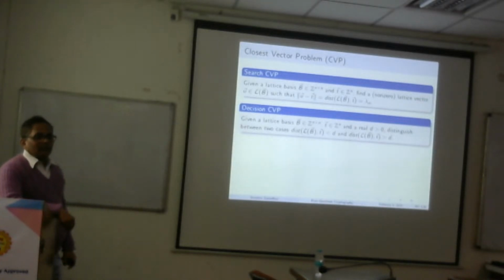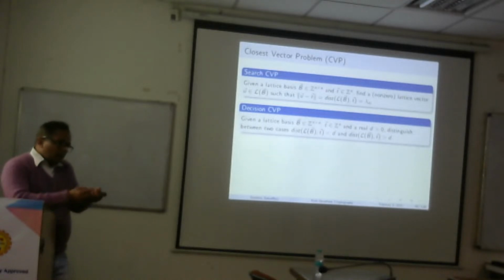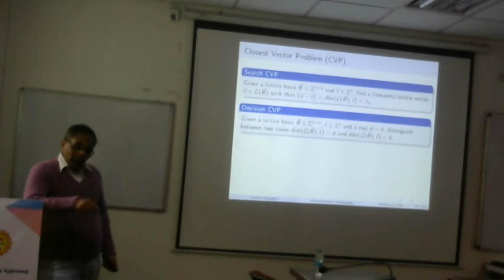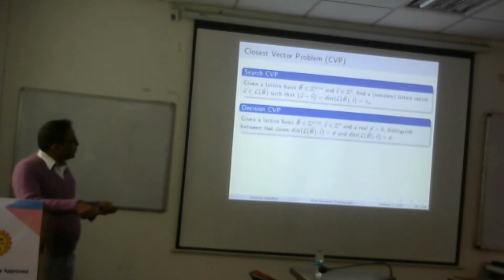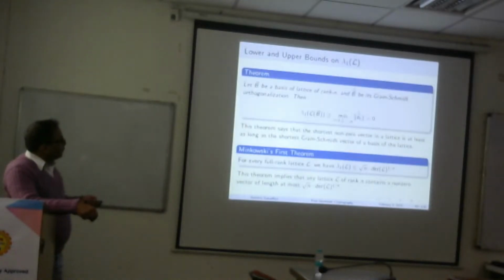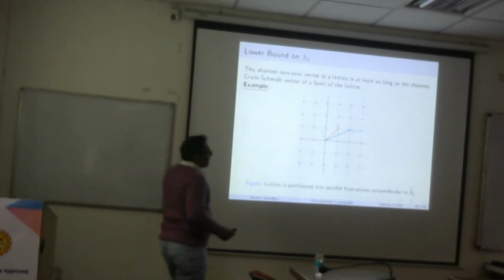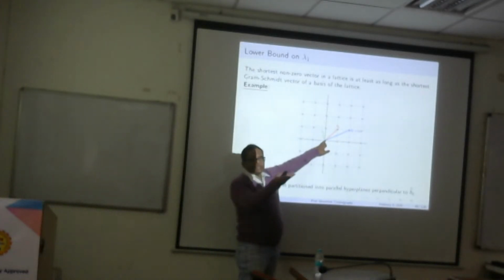There will be only one point which is going to be closest to t and on the lattice. Here, for example, in this picture, I give you any random point. If I give you this point itself, then this is your answer.